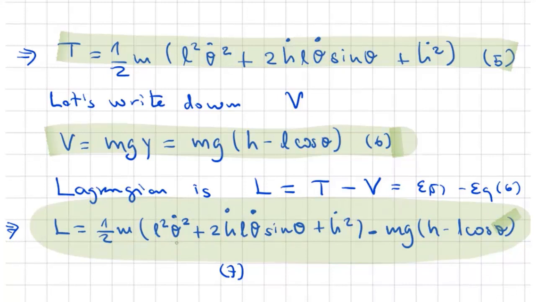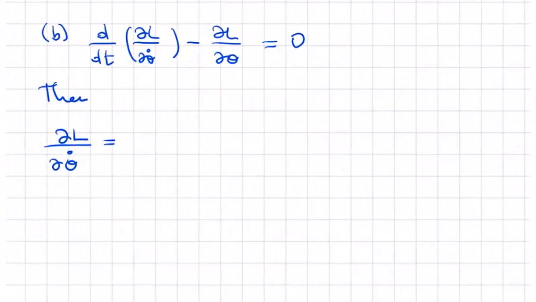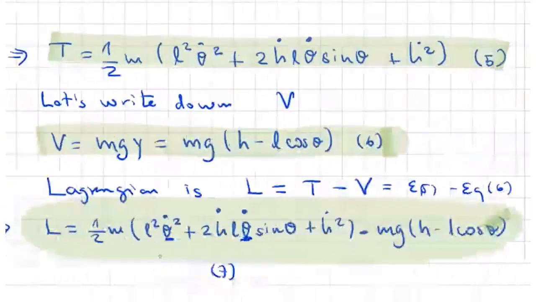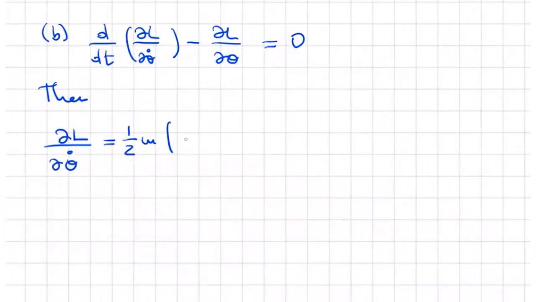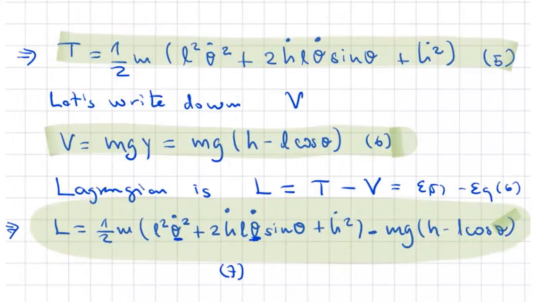So we have theta dot on this part of the Lagrangian, and that's it. So that is going to be 1/2 of the mass times 2 L squared theta dot, because we are differentiating with respect to theta dot, plus 2h dot L sine of theta.